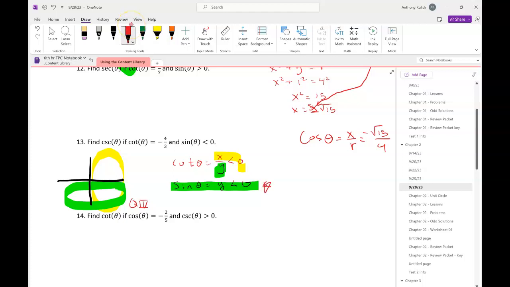Because sine theta is y, and we're told sine theta is negative. Is that okay? Yeah. So what do we know now? We know x is positive 4, y is negative 3. We just need to find out what r is to be able to write cosecant. So I know that x squared plus y squared is r squared.